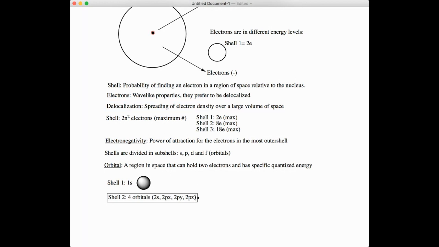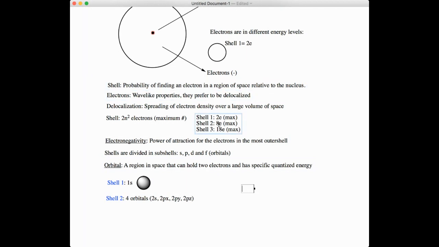So once again, shell number 1 can hold a maximum of 2 electrons. That's one orbital, and we are going to call this orbital 1s, which is a sphere. For shell number 2, 2n squared gives 8, right?